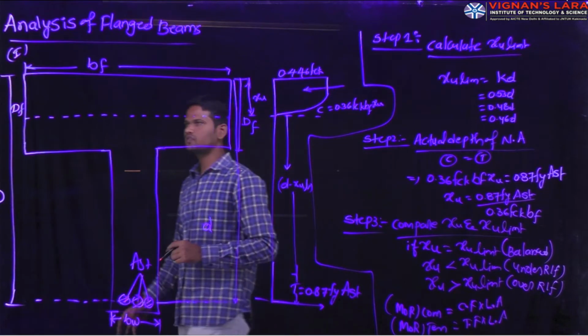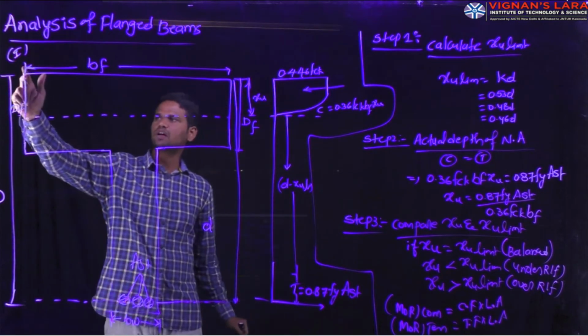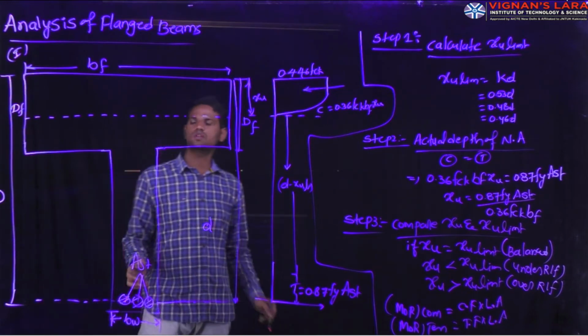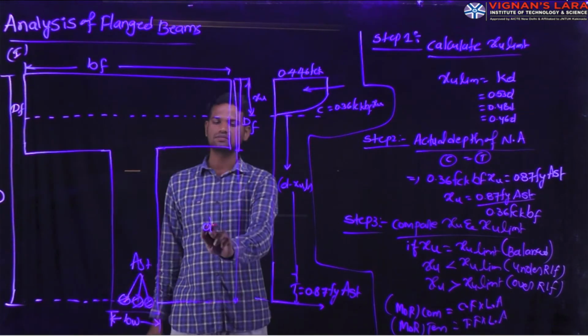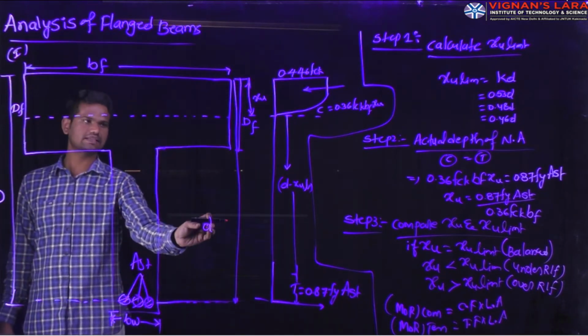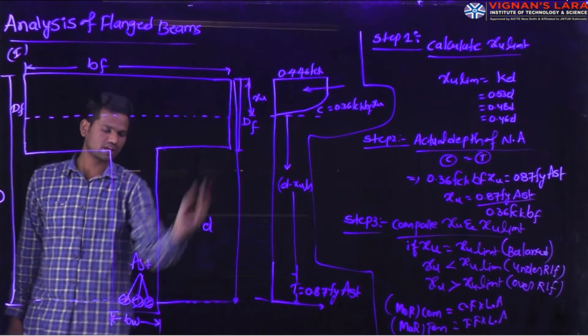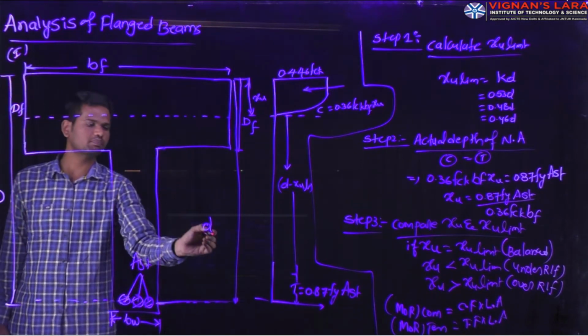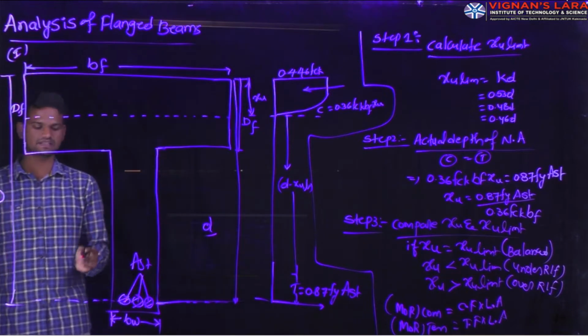From the top of the outermost compression fiber to the centroidal distance of the reinforcing bars, we take the effective depth of the beam as D. This we have already discussed.